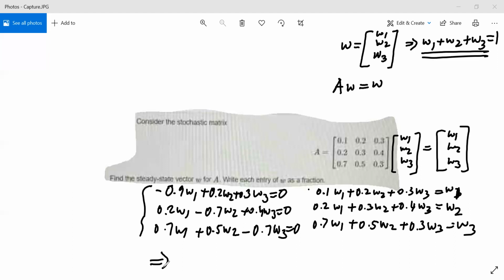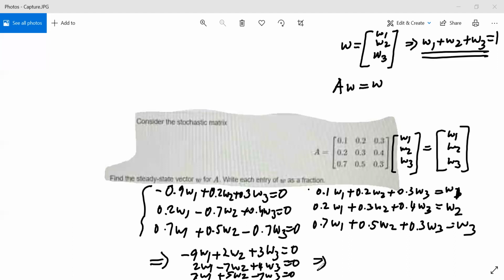Each of these has one decimal place, so you can convert it to regular numbers. So it would be negative 9 W1, 2 W2, and 3 W3 equals 0, and then 2 W1 minus 7 W2, 4 W3 equals 0, and 7 W1 plus 5 W2 minus 7 W3 equals 0.